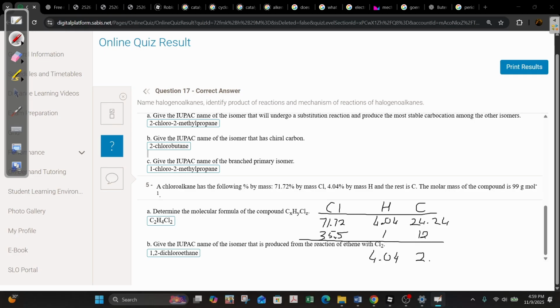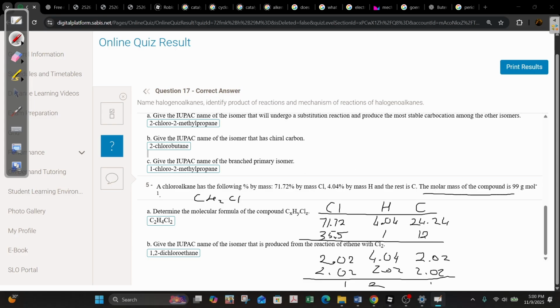This is going to be 2.02, and that's 2.02 as well, I'm pretty sure. 71.72 over 35.5 is 2.02, 3 significant figures. And then you divide by the lowest amount. You'll get 1, 2, and 1. So yeah, you'll get CH2Cl.